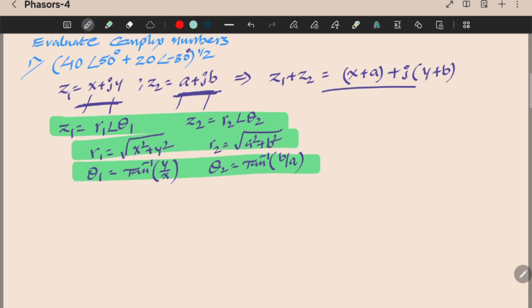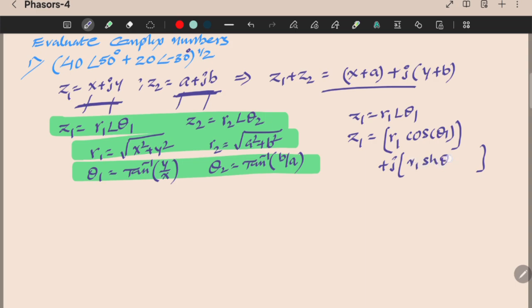That means when you have z1 is equal to r1 at an angle of theta 1, then z1 in the rectangular form is given by r1 cos of theta 1, which is just the real part, plus j, and the imaginary part is given by r1 sin of theta 1.